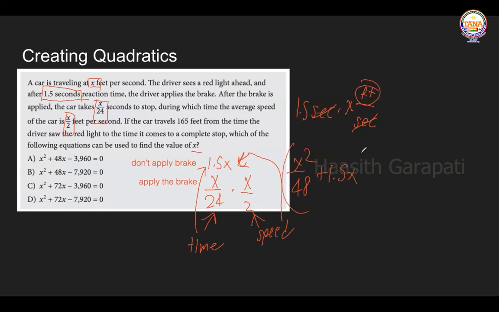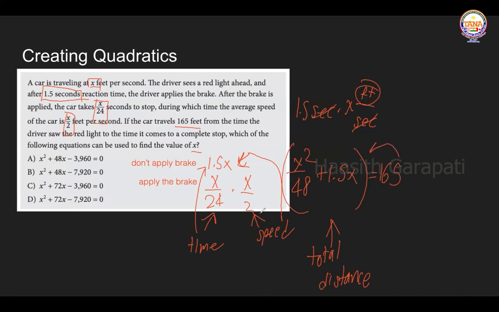So this over here is equal to total distance. And what is the total distance they say that the car traveled? 165 feet. It's equal to 165. Now, if you notice, this kind of looks like a quadratic equation.